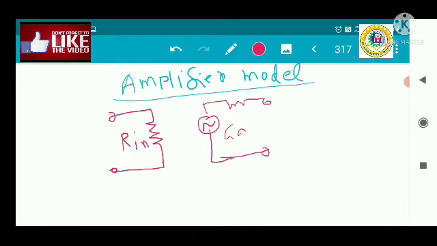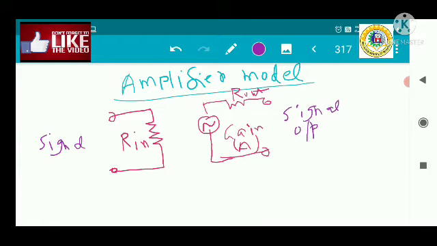This is the gain, represented by A, and this is the output resistance, R out. This is the signal output, and this is the signal input. So this is the model of the amplifier.